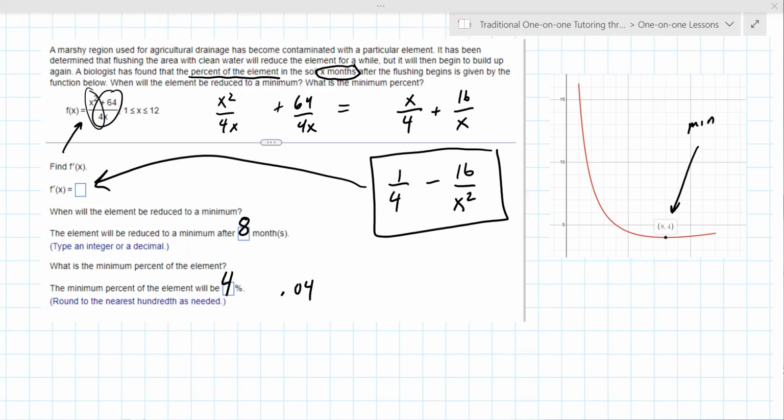So I guess I would go 4. I don't feel great about that, but I don't think it's 0.04 because it does say it's a percent in the problem. So we'll go with that. Yeah, I'm good with it.